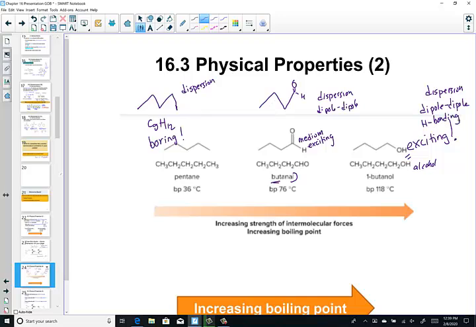So that's why we see an alcohol with the highest boiling point. It's the most exciting functional group, and the lowest boiling point is the most boring molecule with no functional groups, the pentane molecule. All are about equal molar mass. Highest boiling point, of course, would be 1-butanol. It has the strongest intermolecular attractions. The lowest boiling point would be pentane, the most boring structure.